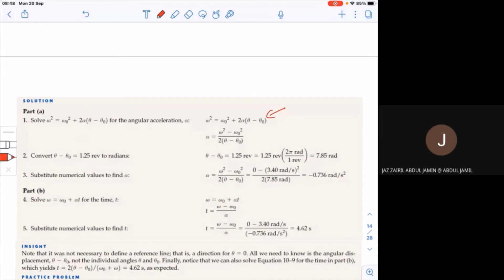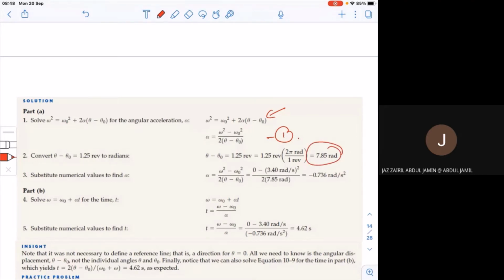Now we have one equation. Another one is from the delta theta itself. Delta theta is 7.85 radian.